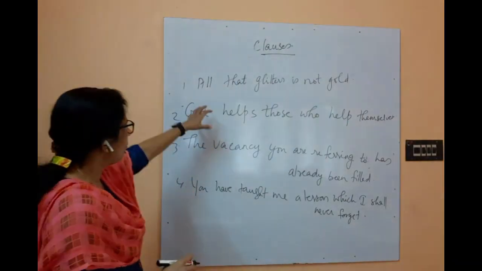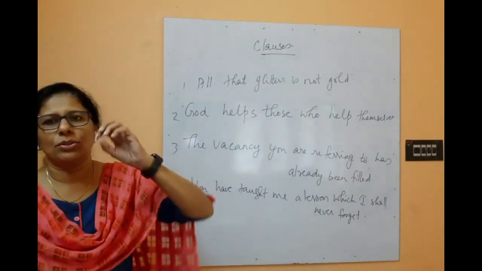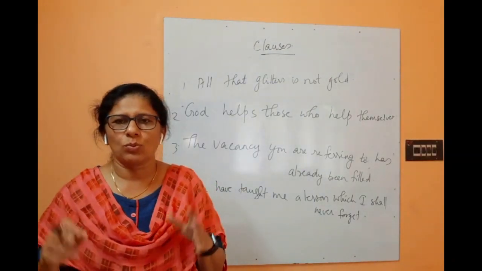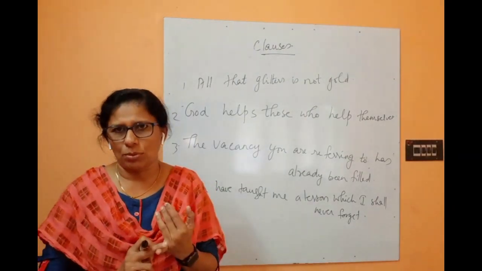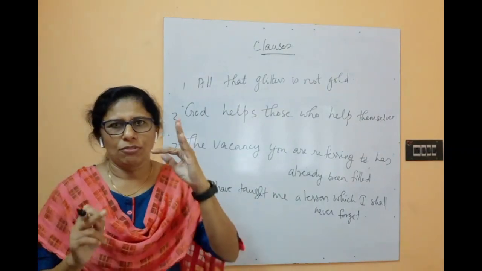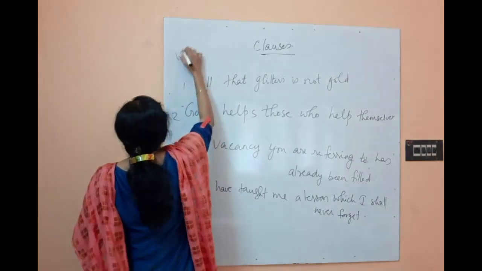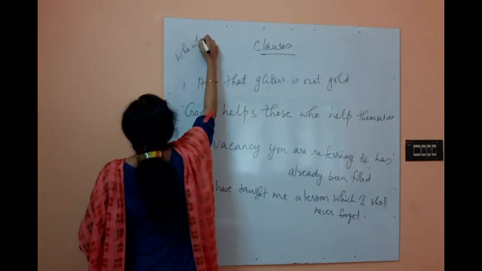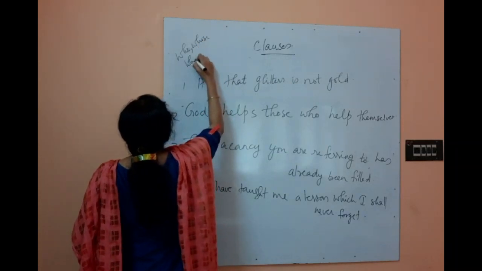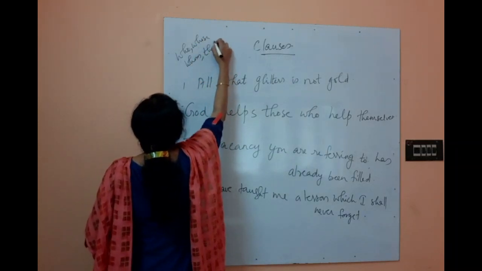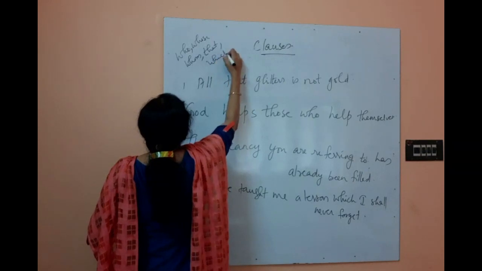In these 4 sentences, it's very easy for you to pick out the adjective clauses. Why? Because, as I've told you, the relative pronouns are who, whose, whom for persons, and always remember any of these: who, whose, whom, that, which.